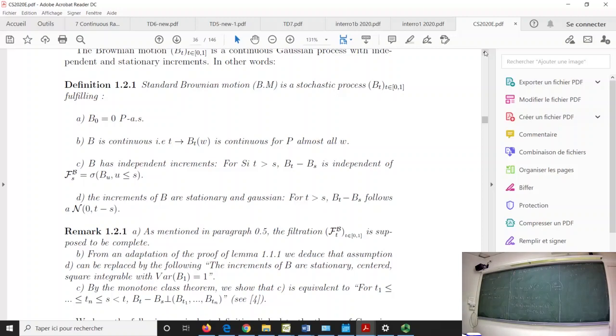The only thing that remains to prove is that Bt minus Bs is independent of F_s^B. And according to the remark I made just after, it is sufficient to prove that Bt minus Bs is independent of any random vector made of Bu for u less than small s.